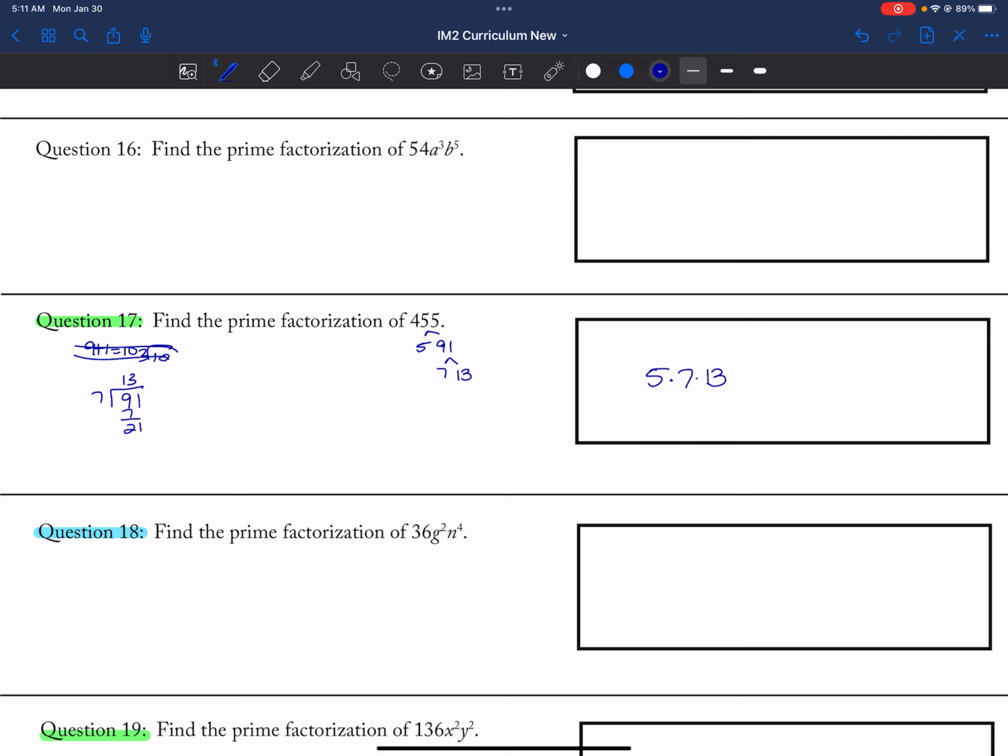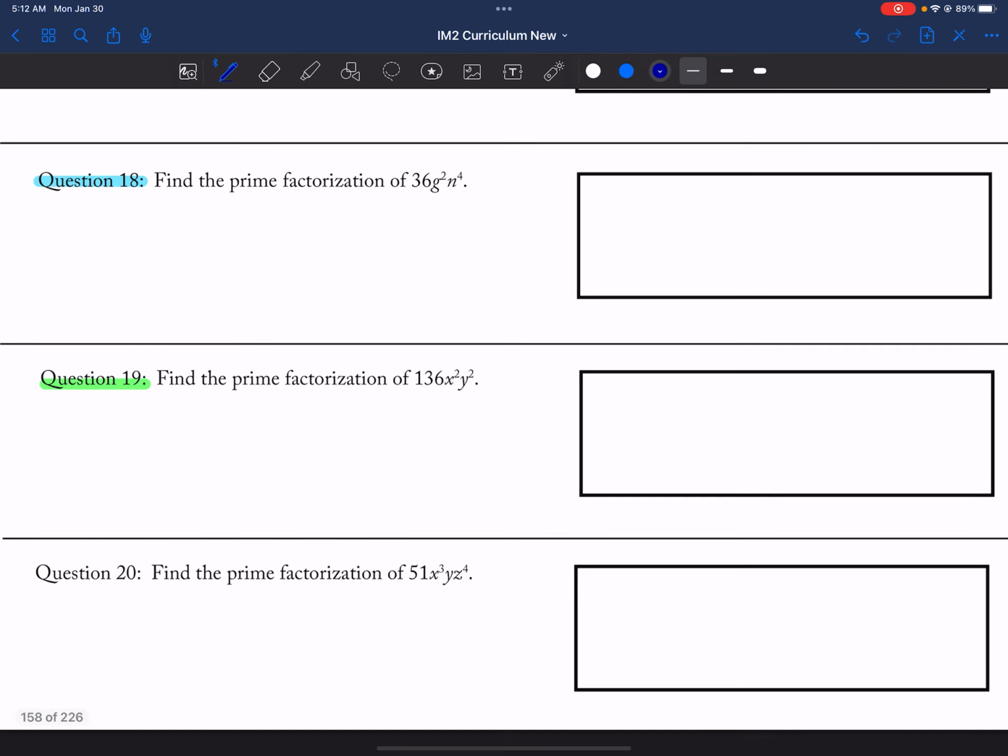Once you get high enough, I probably would never divide by 4 either. So I'm dividing by prime numbers: 2, 3, 5, 7, not 9, and 10 would be even, but you would have already divided by 5. 11's prime, 13's prime. So I'm trying all my prime numbers.